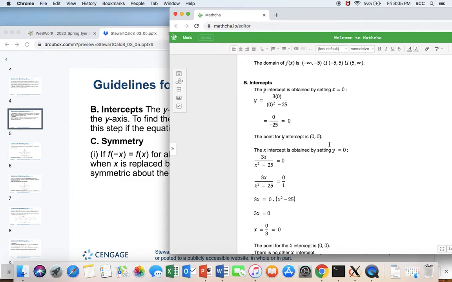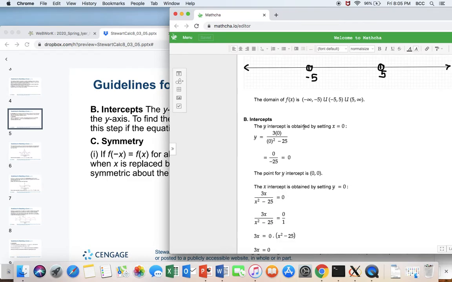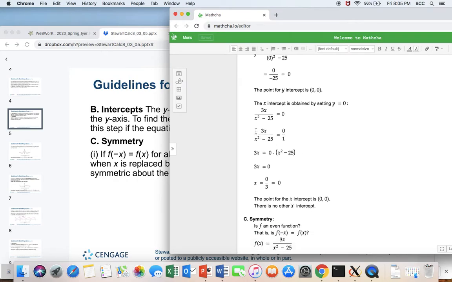That's the y-intercept. How do I find the x-intercept? You have to set y equals 0, y being this expression. So I place that equal to 0. Because this is a fraction, I'll make a fraction over here. The 0 is written as 0 over 1. Cross multiply. You get 3x equals 0 times this. 0 times anything is 0.